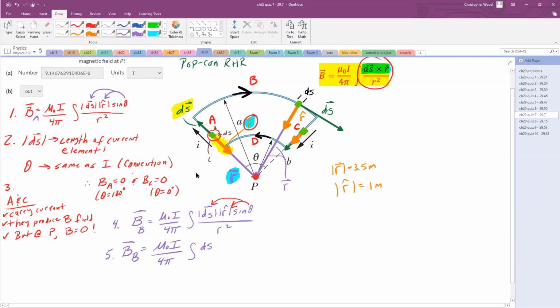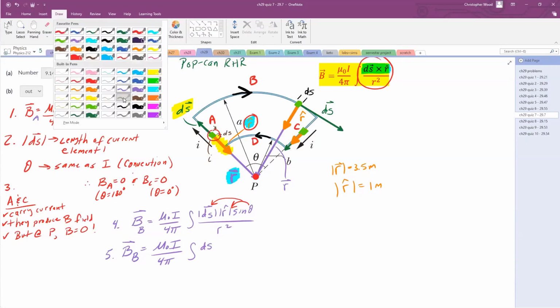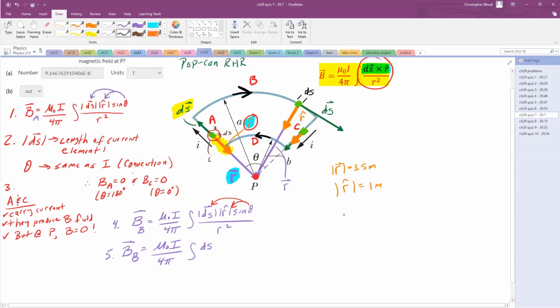What's theta? This is a lot of stuff I'm just blurting out. The magnitude of any unit vector is unity, 1. So the magnitude of R hat is just 1. And in this case, theta does not equal 0.